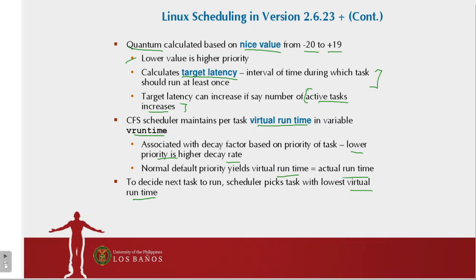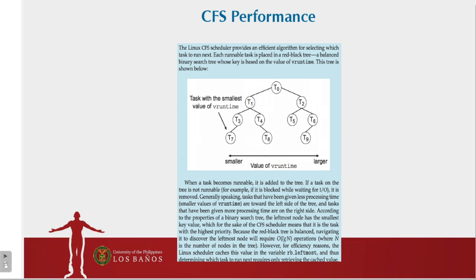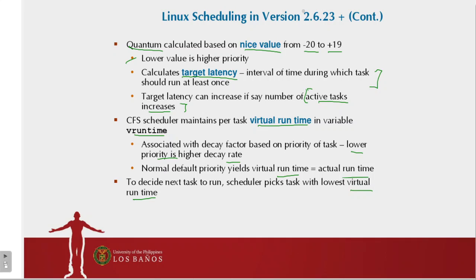So that's quite a lot to absorb. But the idea is to somehow approximate that all the processes in the system, all active tasks, will have a chance to execute within a target latency.